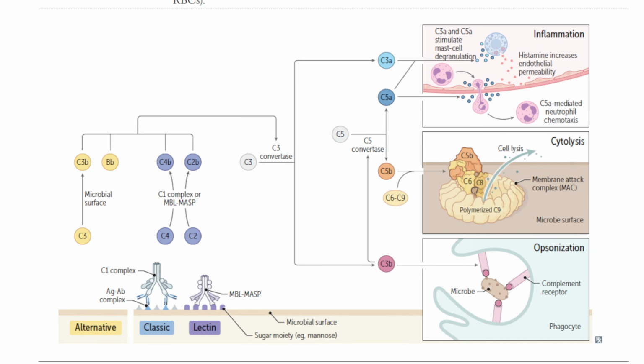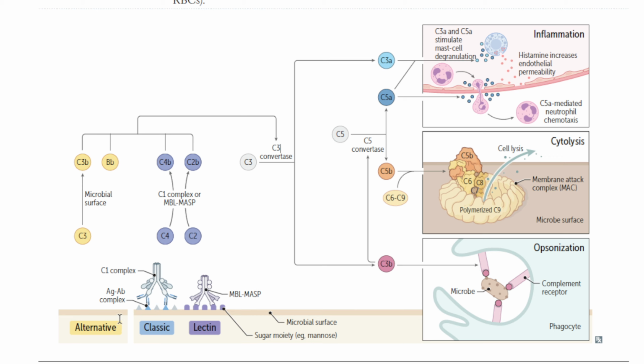As we just learned in the question before, the alternative, the classic, and the lectin pathways all converge in C3, as you can see here in the graphic. They all go straight into C3.